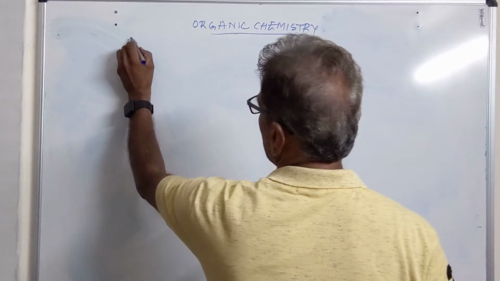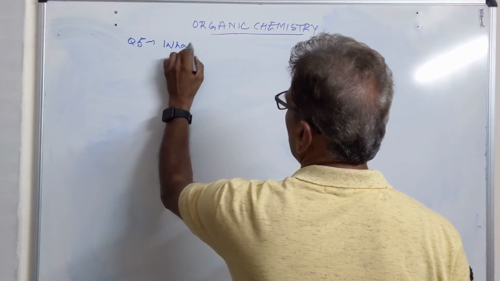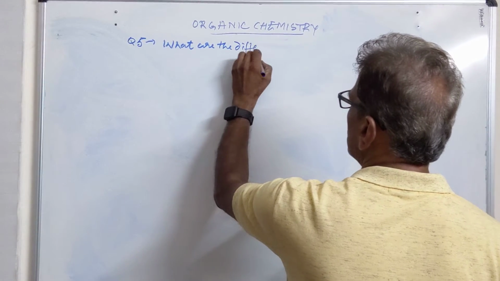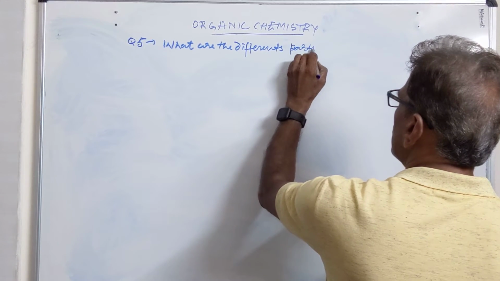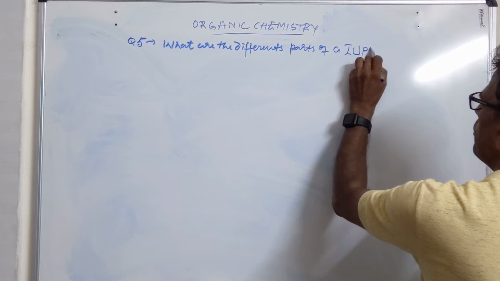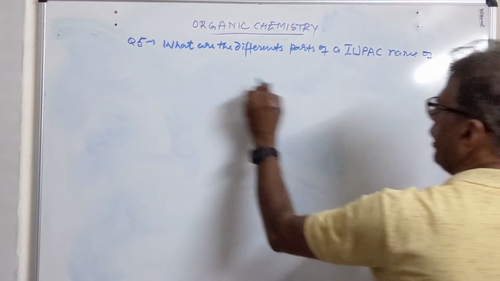So this is our question number 5. What are the different parts of an IUPAC name of an organic compound?